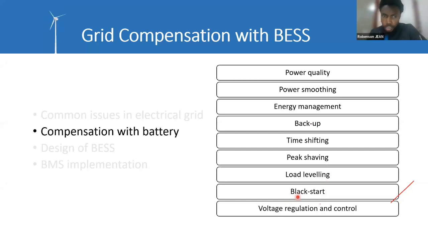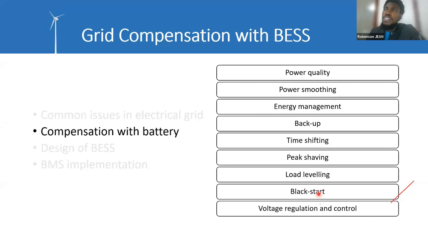But if we had an energy storage system integrated in this power plant, we will not need to require power from the grid. We will only need to activate the battery energy storage system in order to start the power plant.